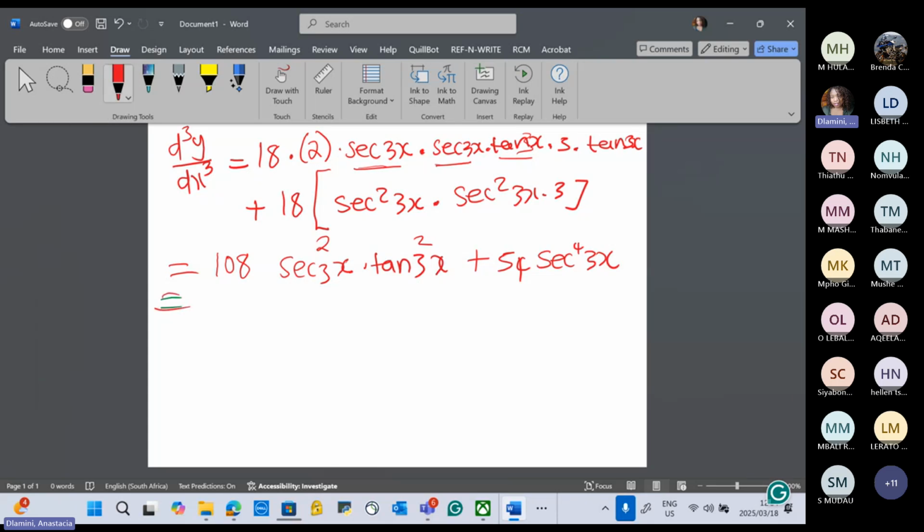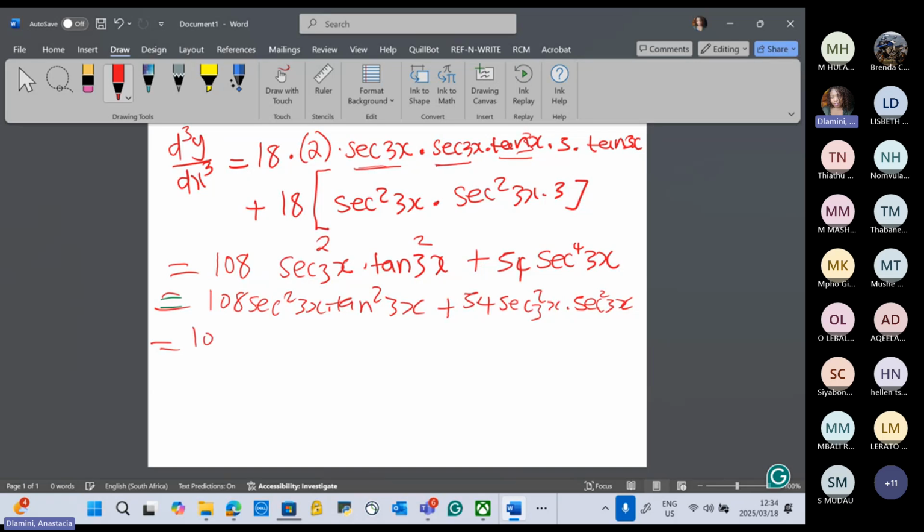Red color, please. So this is 108 sec squared 3x times tan squared 3x plus 54 sec squared 3x. We know we have sec squared 3x times sec squared 3x.